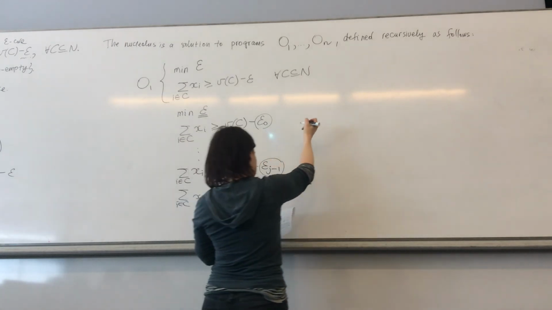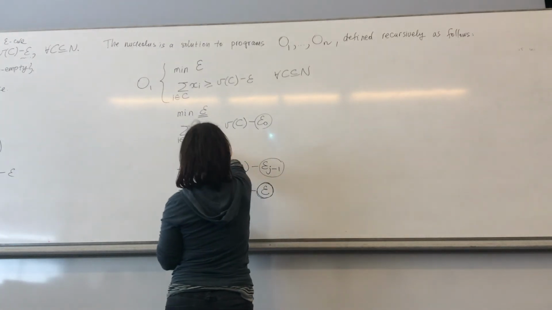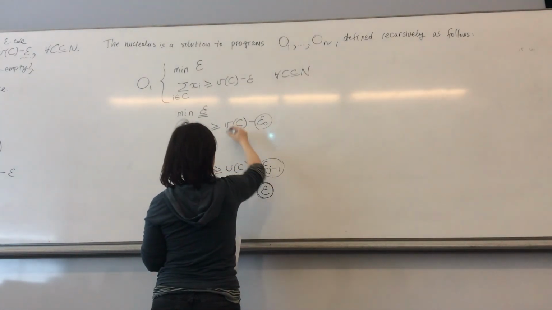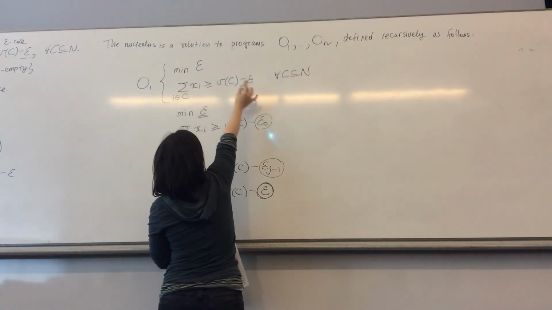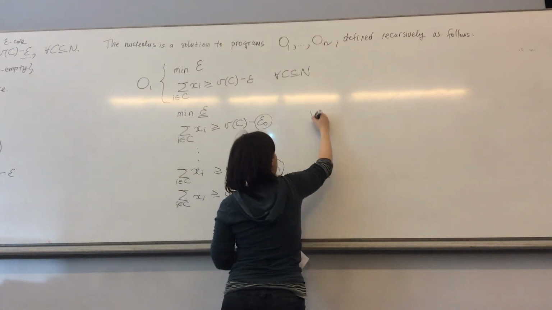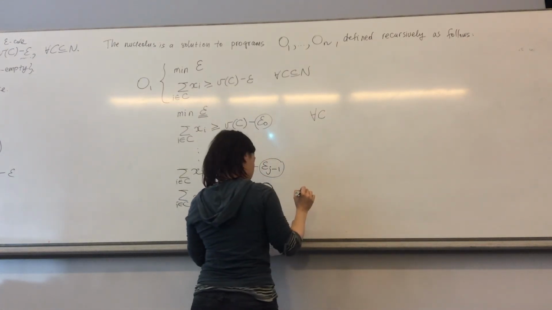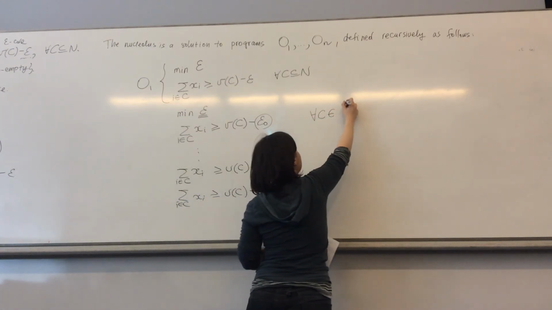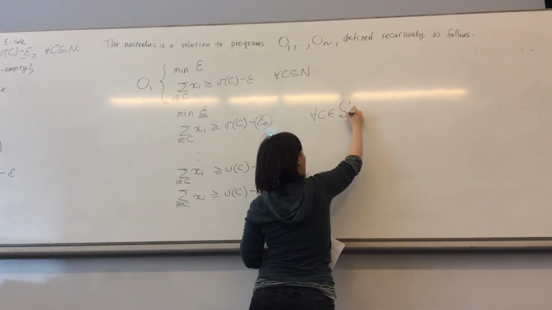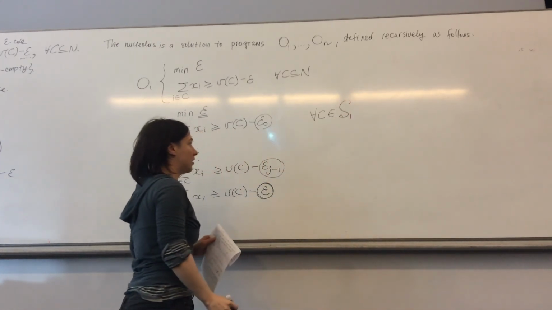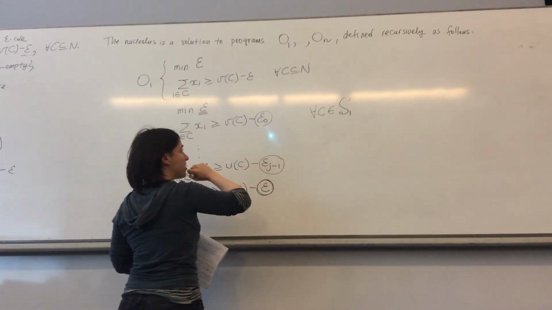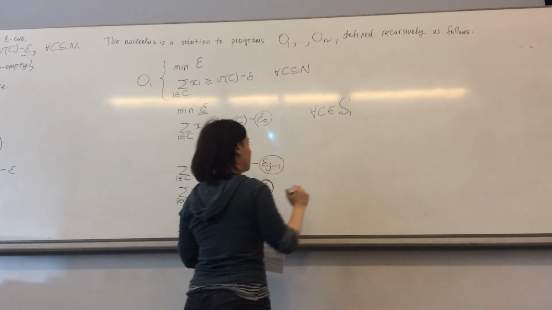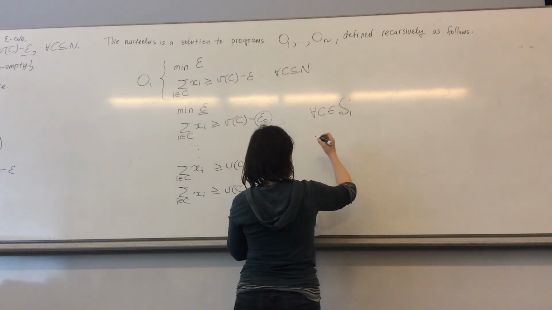But let me tell you first for which coalitions C we have those constraints. So here we had our first constraint for all the coalitions. Here we will have it for all the coalitions in some set of coalitions S1. I will give you the definition of this set, but that would depend on the previous problems that we solved. In this case, just the first one.